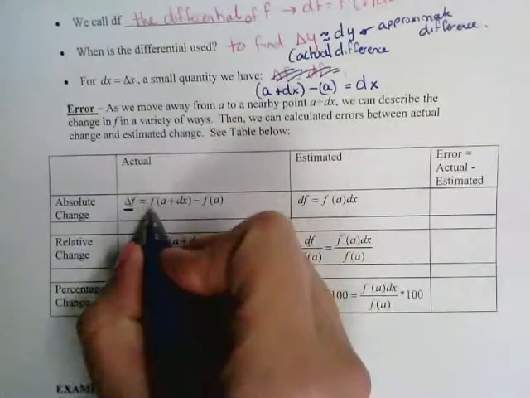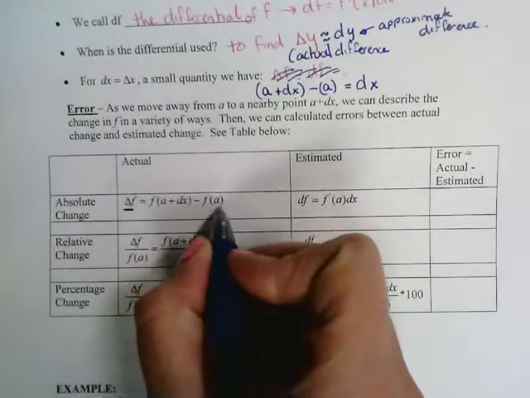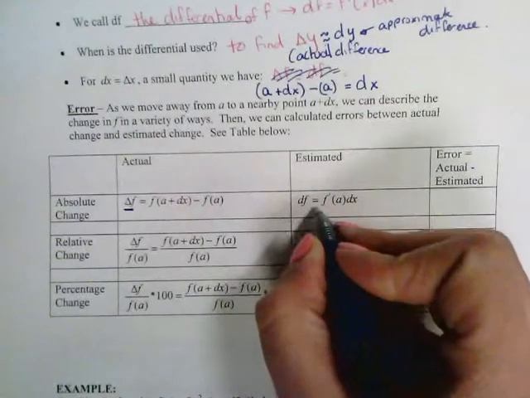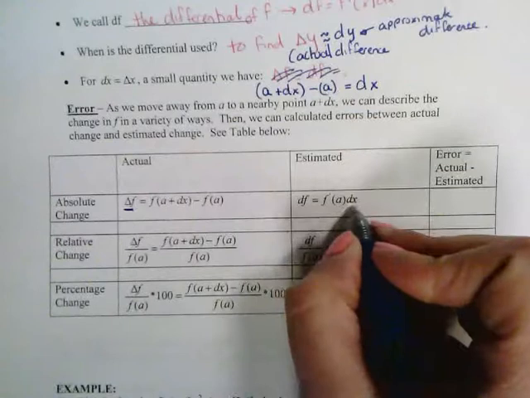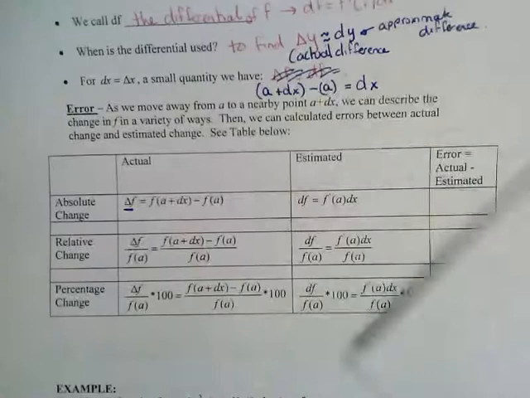So it's f of the second point on y minus f of the first point on y. Now df is equal to f prime of a times dx. We'll come back to these once we do a problem for them. So let's look at the first example.